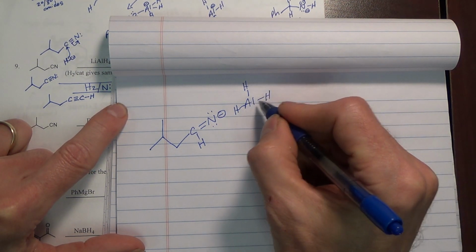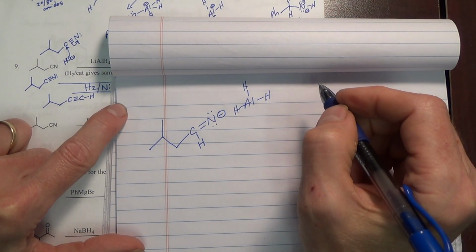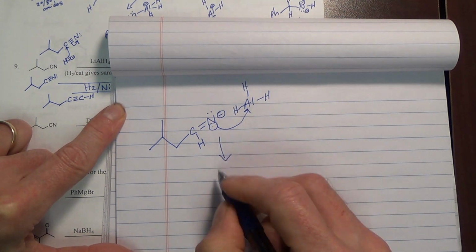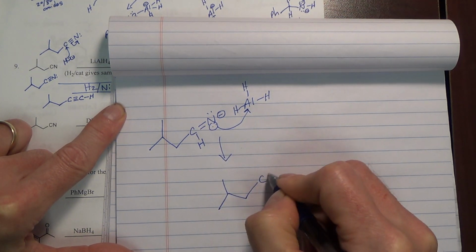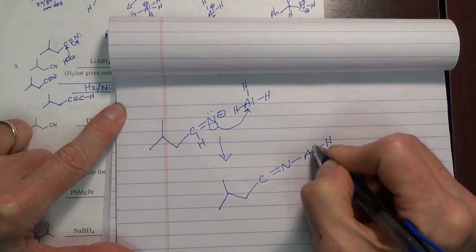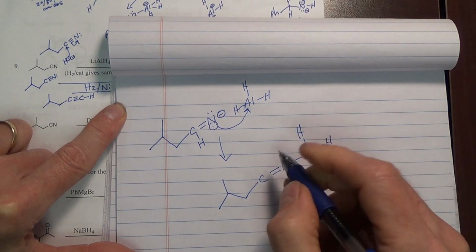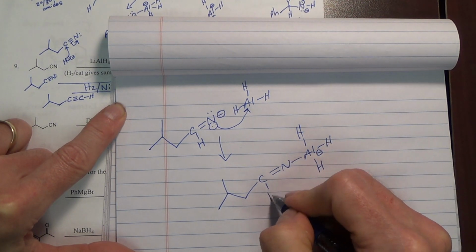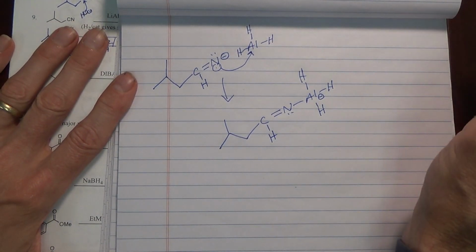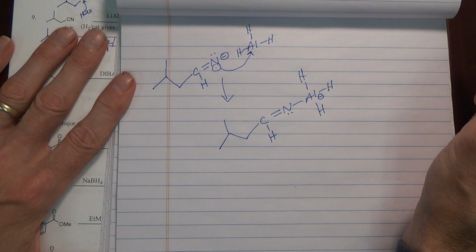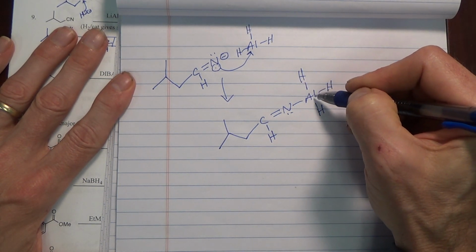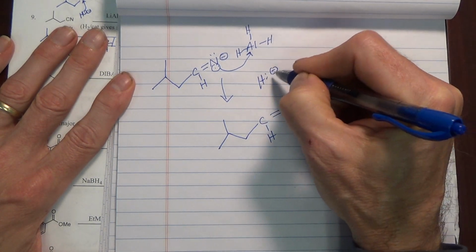Probably don't really want to call it hydride. But this can complex here. And we can get to this. Now the nitrogen's neutral. And this probably shoots off another hydride. Okay, the aluminum wants to get rid of it. I'll just get it shot off.